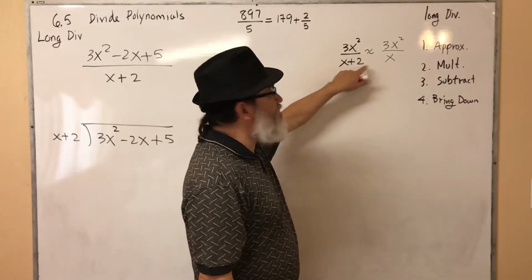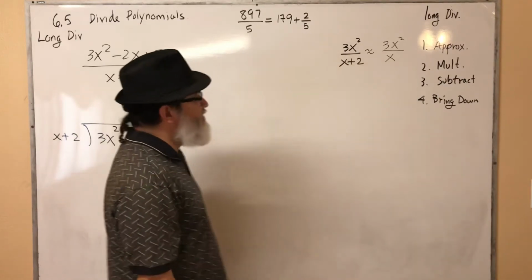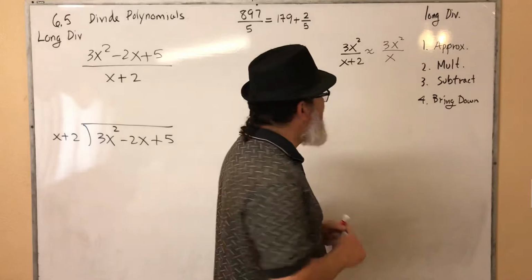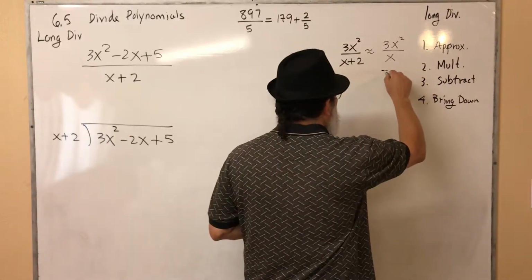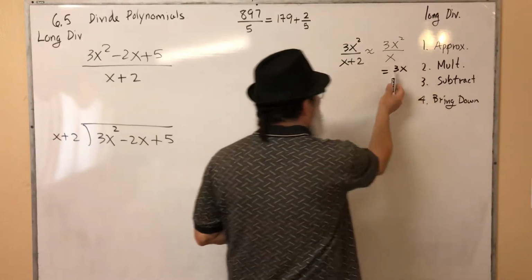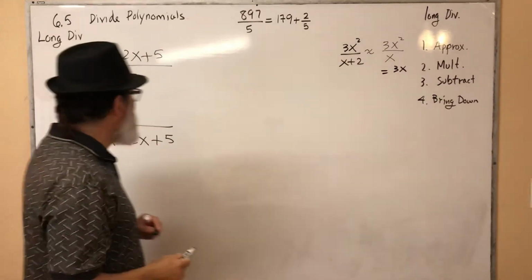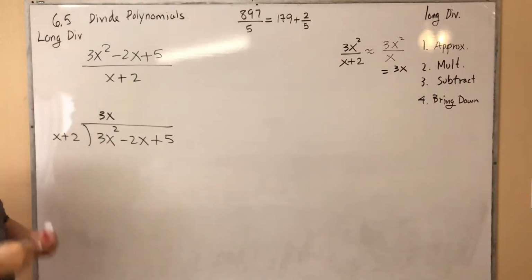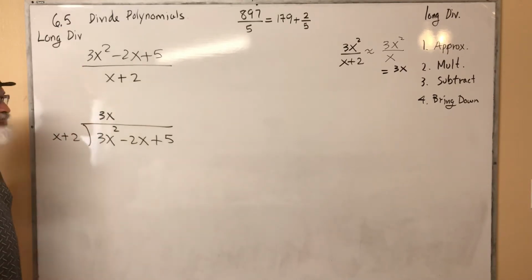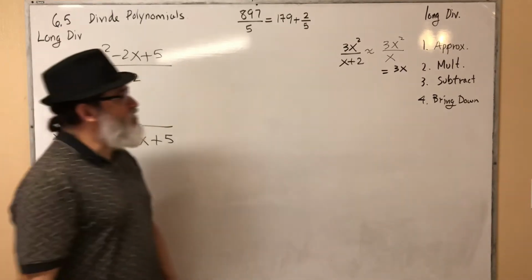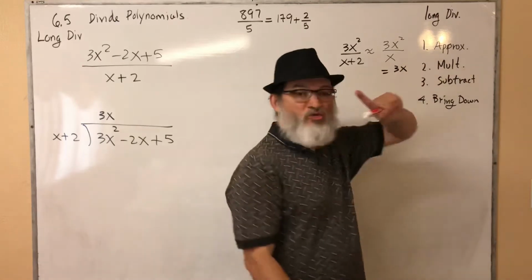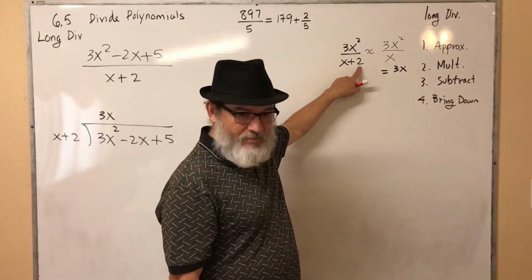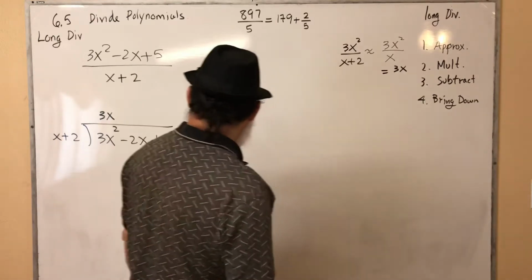We're just 2 units off. And this can be done. What's 3x squared divided by x? This is 3x. That's our approximation. 3x goes there. So we took the first step. Note, to approximate, drop the constant. Okay? And there we go.